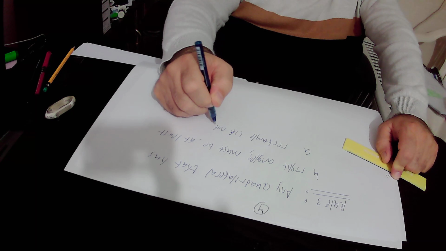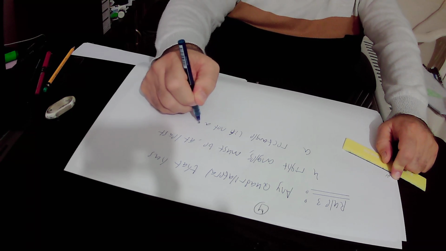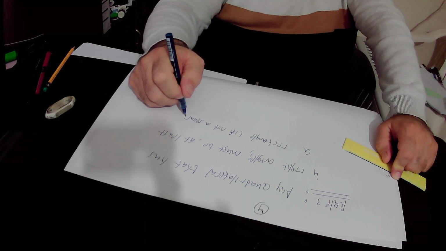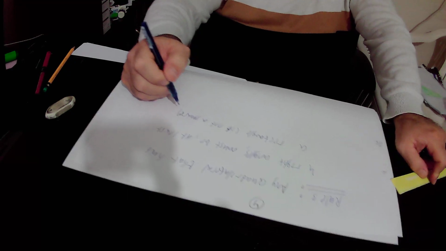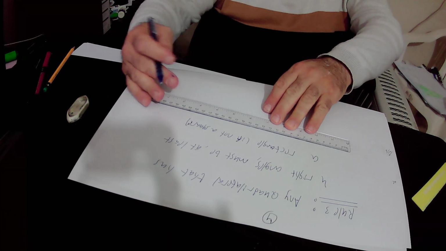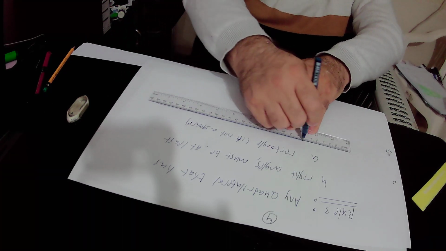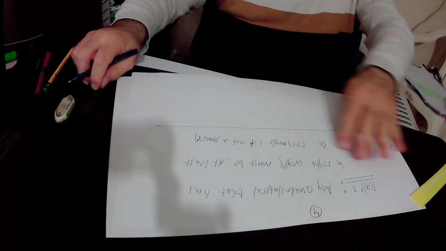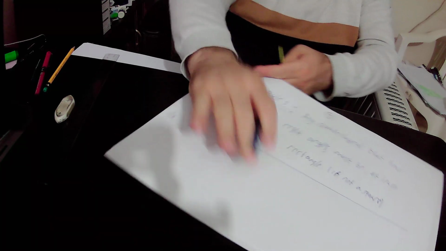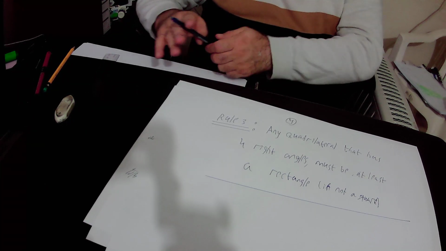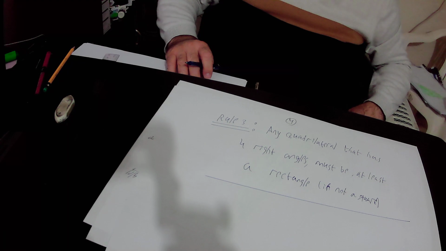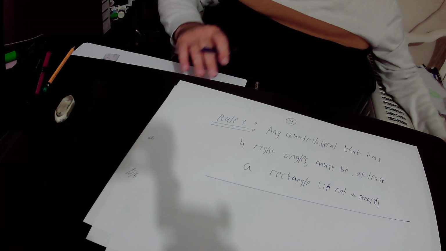If not a square, it must be a rectangle. I will read rule number 3 again. According to rule number 3, any quadrilateral that has 4 right angles must be at least a rectangle if not a square.